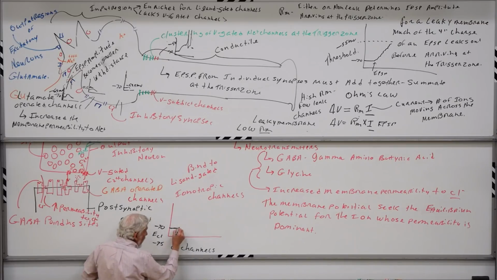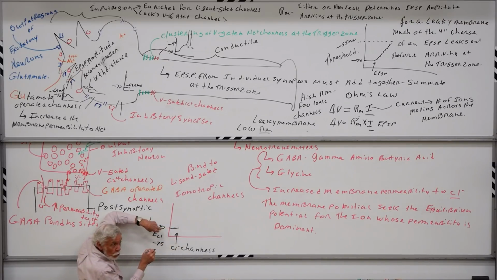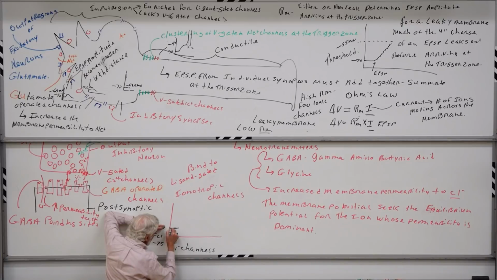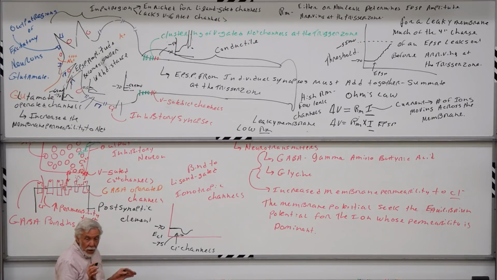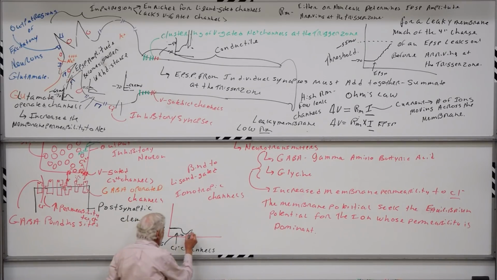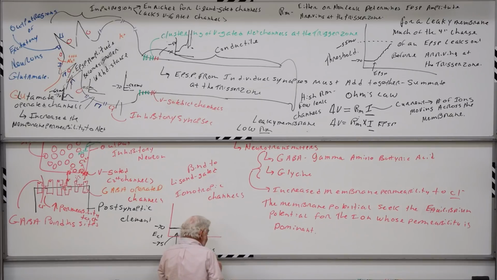We're going to drive the membrane potential toward the equilibrium potential for chloride. So that means the membrane potential is going to hyperpolarize toward minus 75 straight away. You can see how that's going to be inhibitory if it's hyperpolarizing. Spell this out as a hyperpolarization.